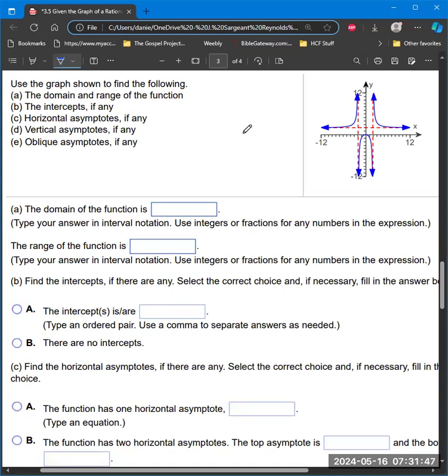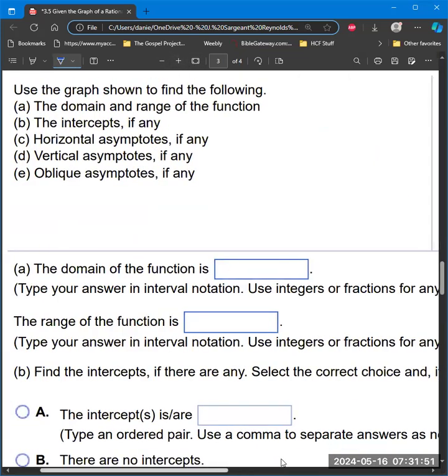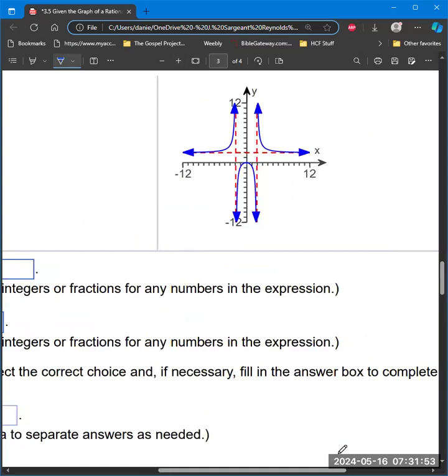And it looks like it has two vertical asymptotes this time that are at x equals -2 and x equals 2. And it looks like we have a horizontal asymptote here at y equals 2.